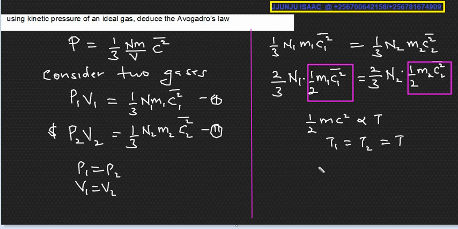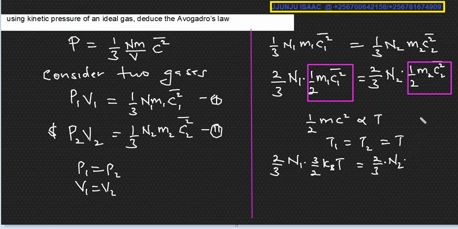Okay, so we shall be having 2 over 3 N1. Now this one is 3 over 2 kB, the constant, times temperature, equaling to 2 over 3, sorry, 2 over 3 times N2.